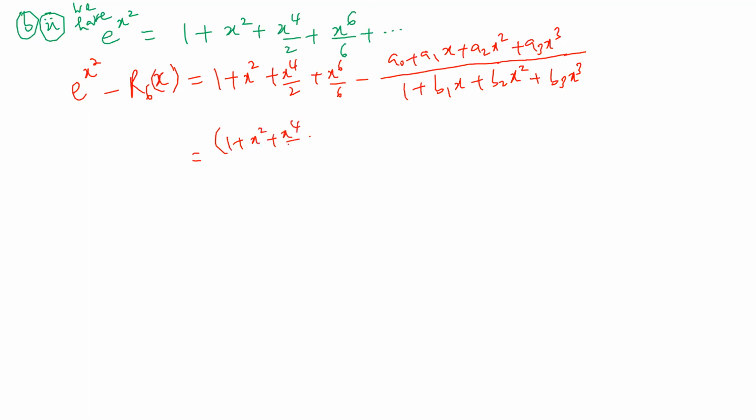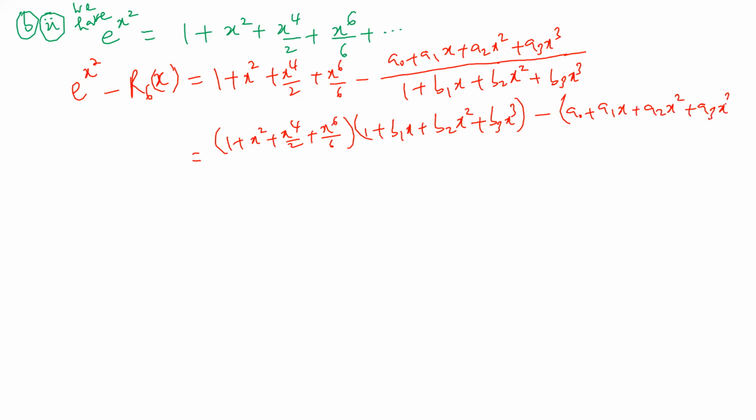We have x to the 4th power over 2 times 1 plus b1x plus b2x squared, and then you subtract a0 plus a1x plus a2x squared plus a3x cubed.